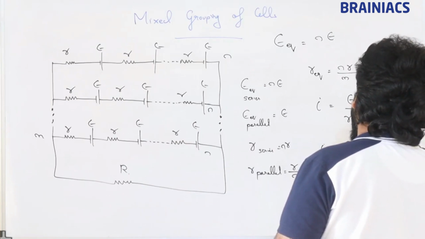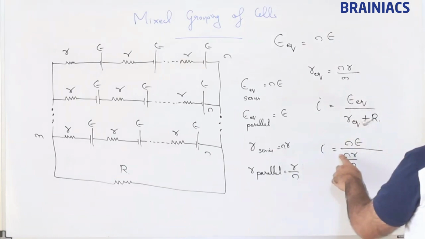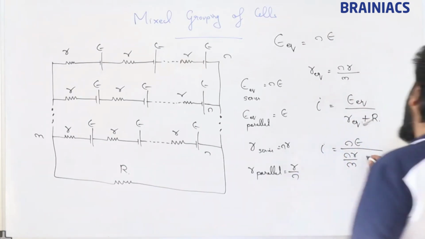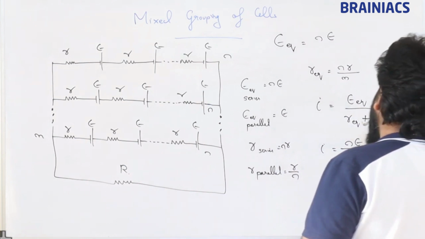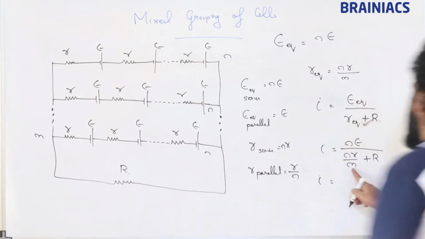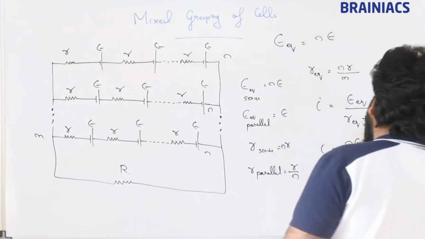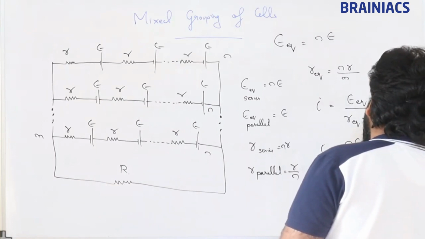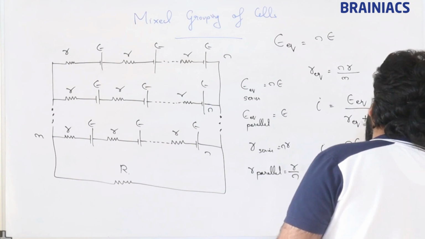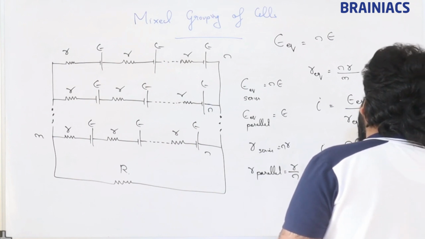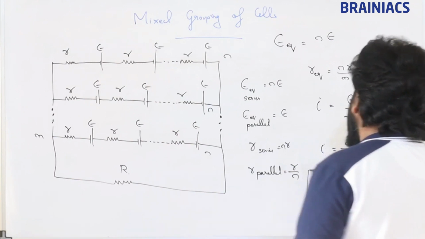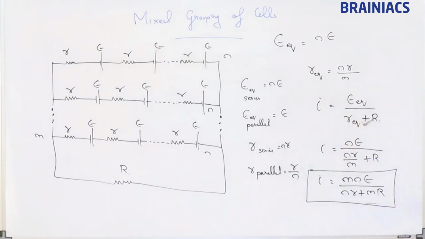NR divided by M, with N cells in a row and M rows, plus R. So what will happen? This M will come here as LCM and go to the numerator. So MNE divided by NR plus MR. So this is the value of current in mixed grouping of cells.